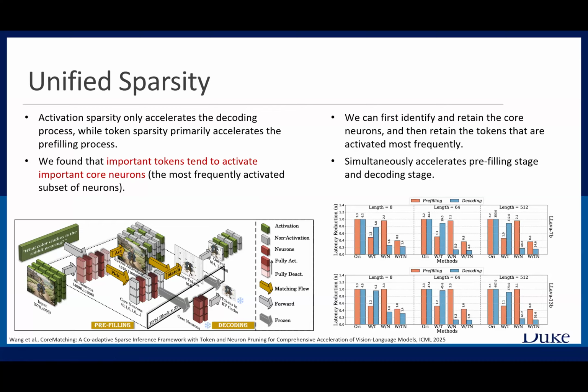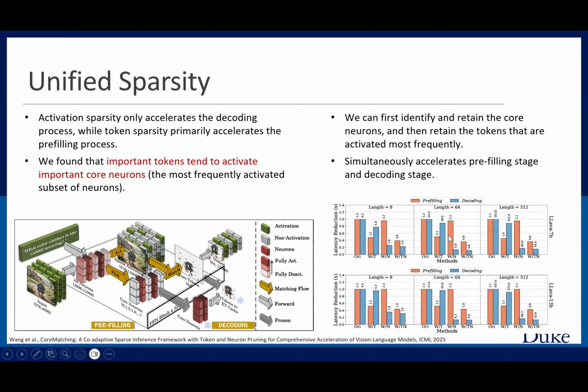In other words, that motivates us to have a more unified approach. Basically, we could identify the core neurons and also retain the critical tokens. So the scheme together helps us accelerate both the pre-filling stage and the decoding stage simultaneously.